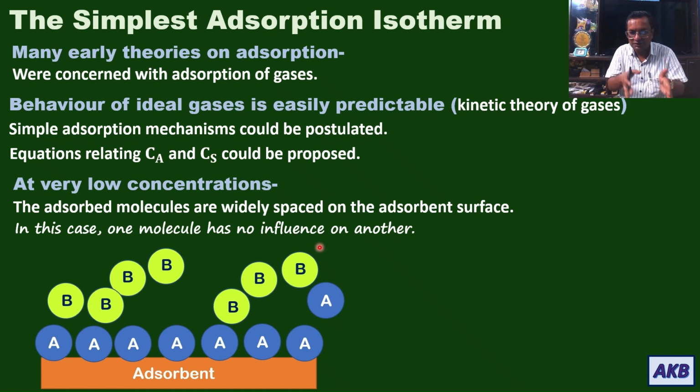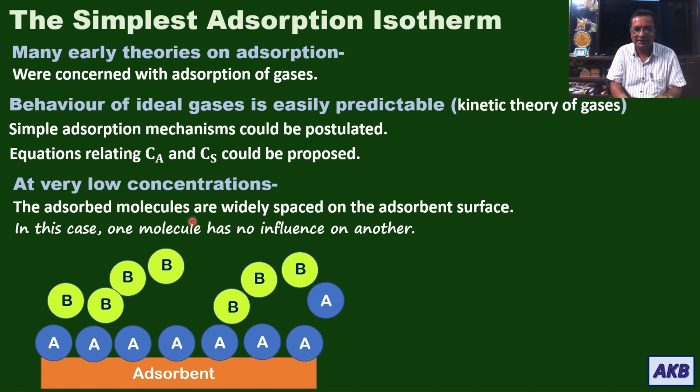So this simple mechanism postulates this particular behavior. When the adsorbent molecules get adsorbed on the surface of the adsorbent, they are spaced widely, separated by appreciable distances, and they are not interacting among themselves. So this is the simplest mechanism that can be postulated for adsorption of gases, and then you can assume those gases to be behaving ideally.